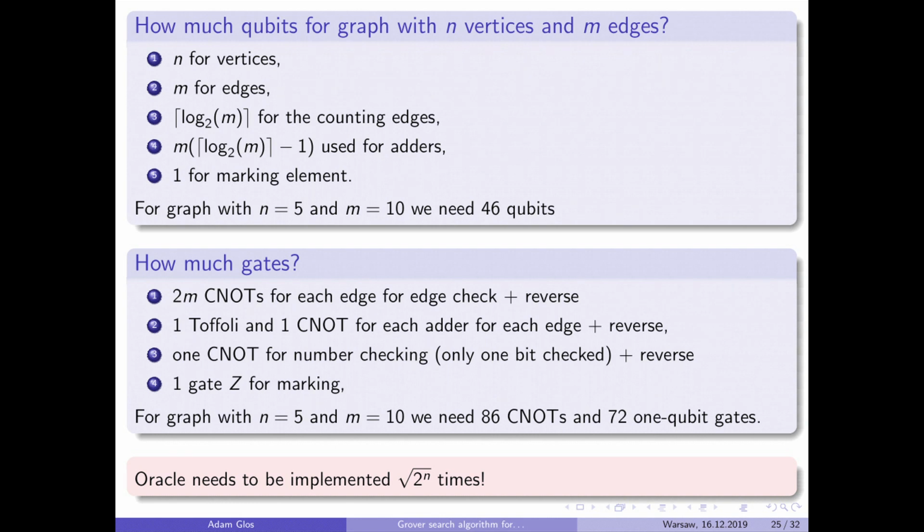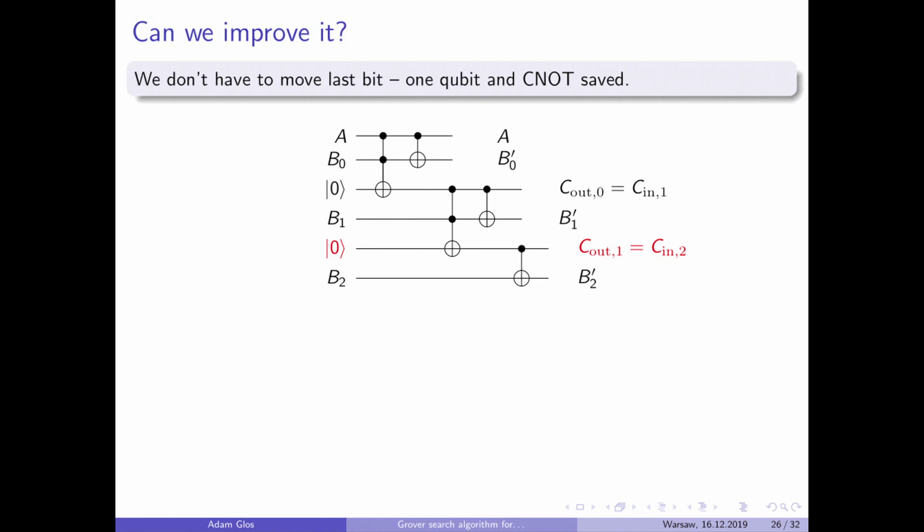The thing is whether we can improve this, whether we can need much less gates or qubits. The answer is yes, we can improve this. The improvement is still too small, so we could run it on a quantum computer. But yes, we can improve it.